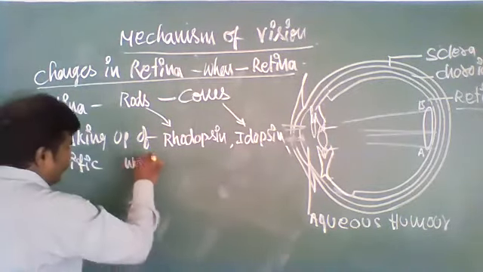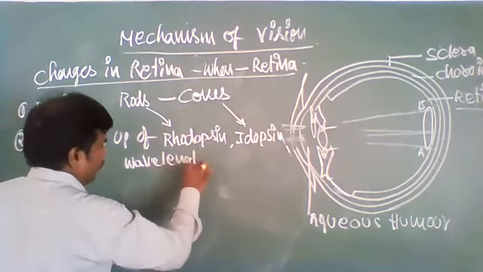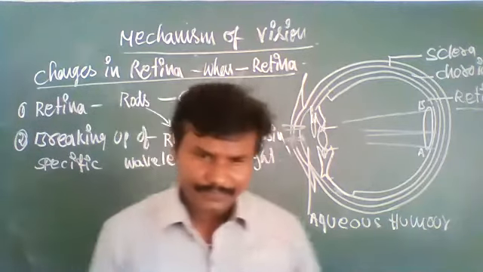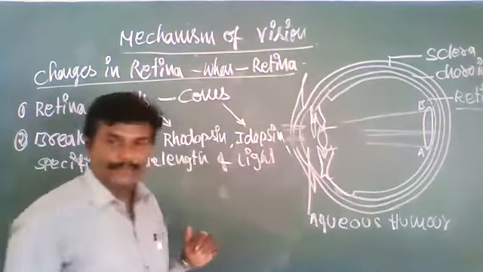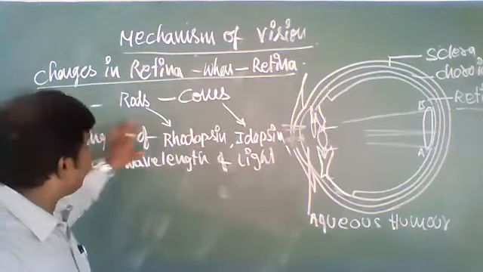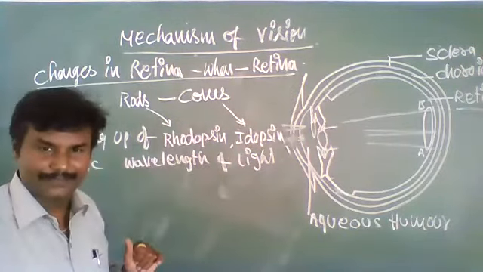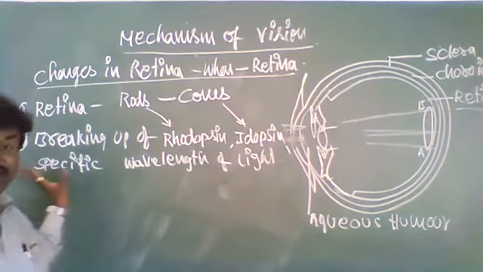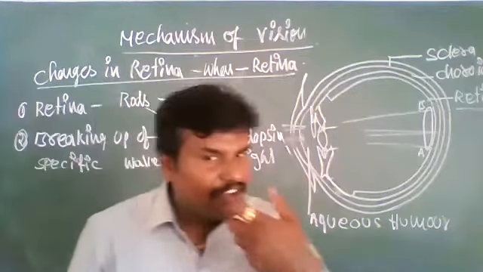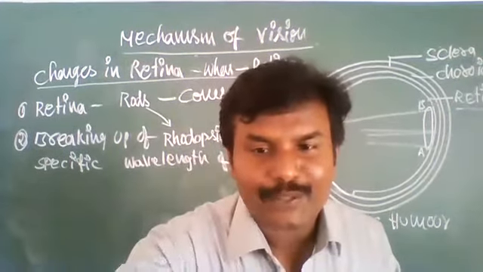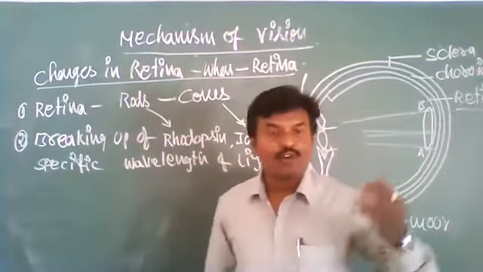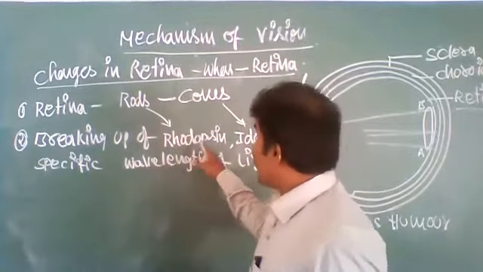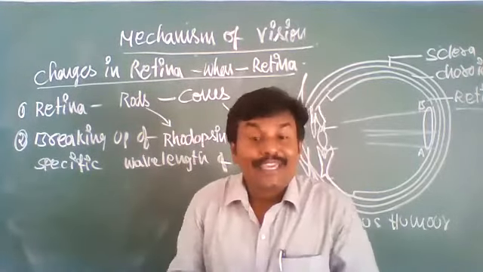Its meaning is the separation of rhodopsin and iodopsin pigments. What is the specific wavelength of light? 400 to 700 nanometer light. When 400 to 700 nanometer light is focused on our eye, the rhodopsin and iodopsin pigments are broken.